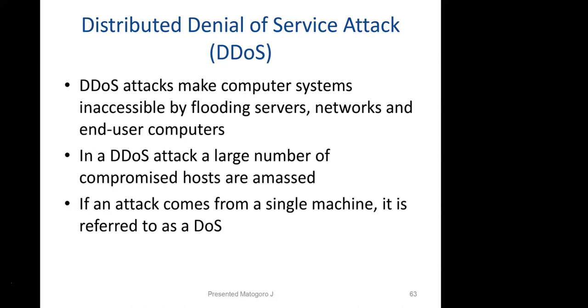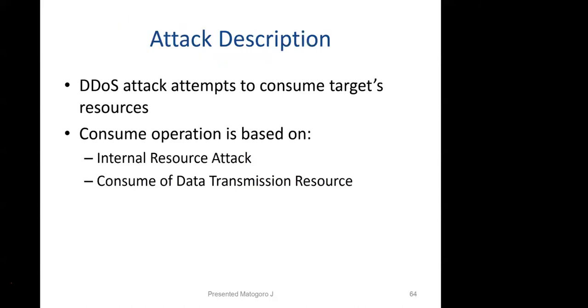But if it's coming from many other computers, then we call it distributed. So some of the attack description: a DDoS attack attempts to consume target resources. It can also consume internal resources and data transmission resources.